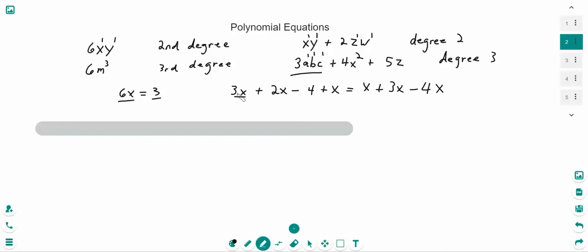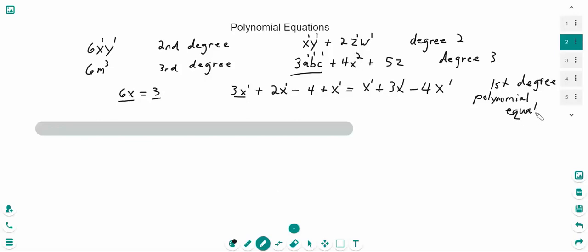This has a degree of 1. This has a degree of 1. This has a degree of 0. This has a degree of 1, degree of 1, degree of 1, degree of 1. So the highest degree term we have in this equation is a degree of 1. So this would be a first degree polynomial equation.